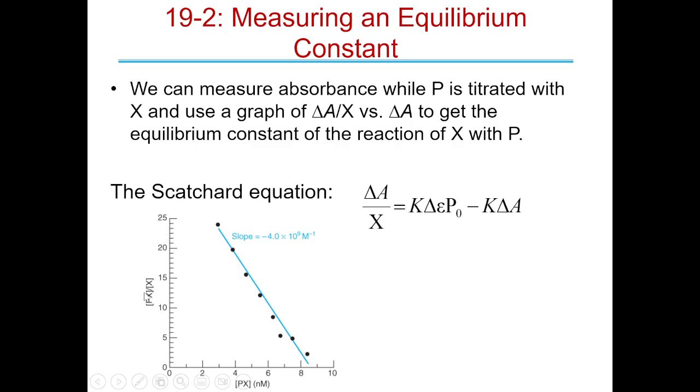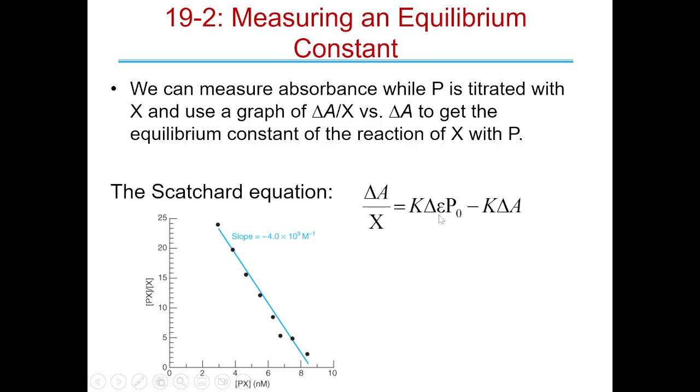So again, the Y is this right here. See, that's that change of A over X. The X value is this change of A right here. The slope is negative K, which is the equilibrium constant.